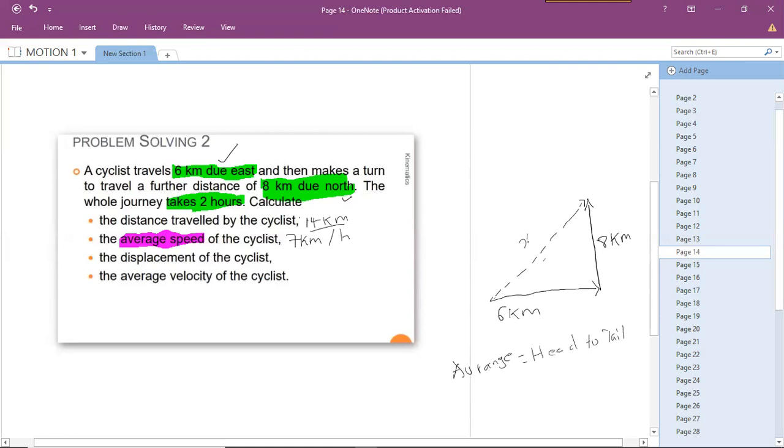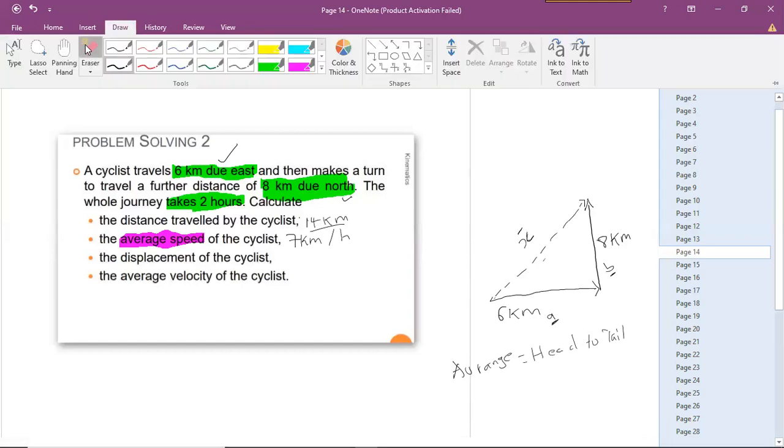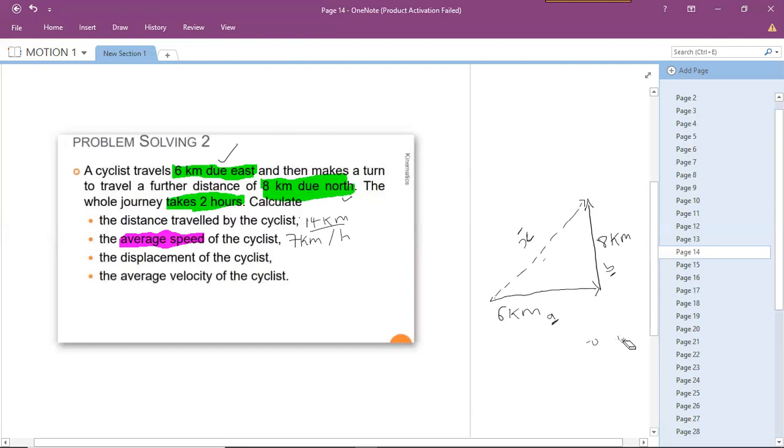Let's call the resultant vector X. And let's call this first vector, which is 6 kilometers due east, vector A. And this vector, which is 8 kilometers due north, vector B. And the resultant, we'll call it vector X, like so. So let me just run it through one more time before we start solving using Pythagoras theorem. We first have to plot the motion of the cyclist. The first part of the motion, they went 6 kilometers due east.